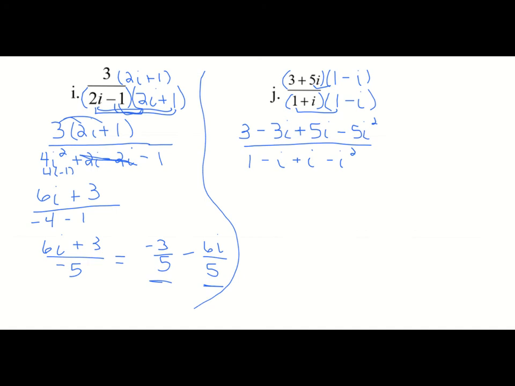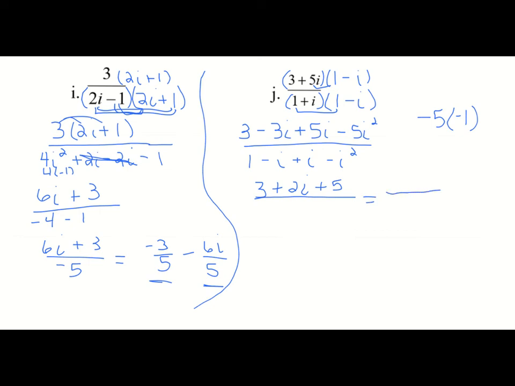So now we need to convert. On the top, we have negative 3i plus 5i, which will give me positive 2i. And negative 5 times i squared. Remember, that makes it a negative 5 times negative 1, which gives us a positive 5.